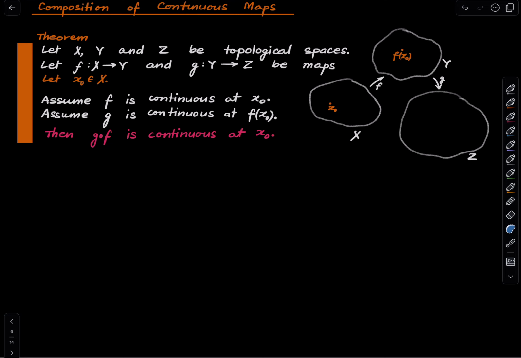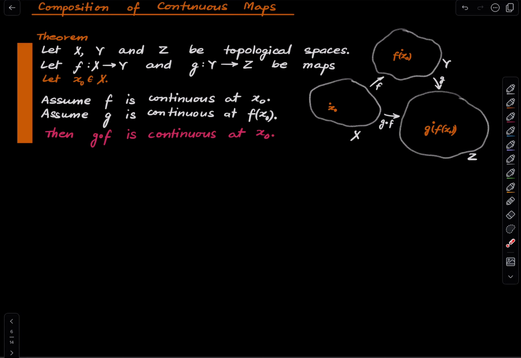Okay, so before we write down the formal proof, let us see the verbal explanation in words. We want to establish this composite function is continuous here. How to do it?